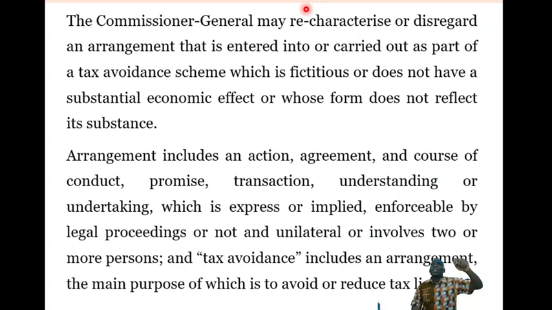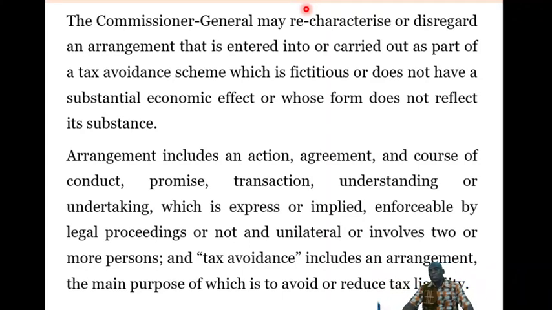You see, it does not have a substantial economic effect. Why will you supply meat to your company at a price far above what the meat is being sold on the market? What is the economic sense in that? But you will realize that it's just an arrangement.